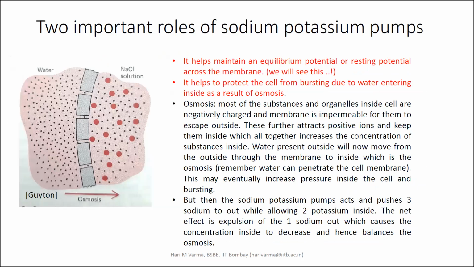So for example, in osmosis, essentially I told you these organelles inside the cell, most of them are negatively charged, and this will try to attract the positively charged particles inside the cell, so that at some point the concentration of the materials inside the cell will increase. But as I told you, water is present both inside and outside, and the water can diffuse through the lipid bilayer. So water is everywhere.